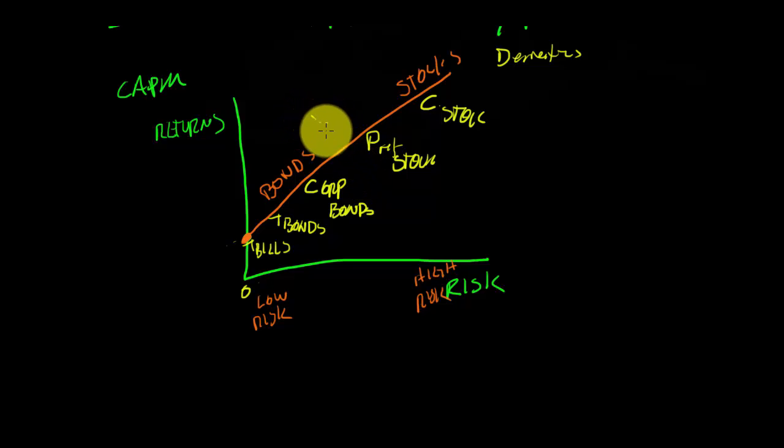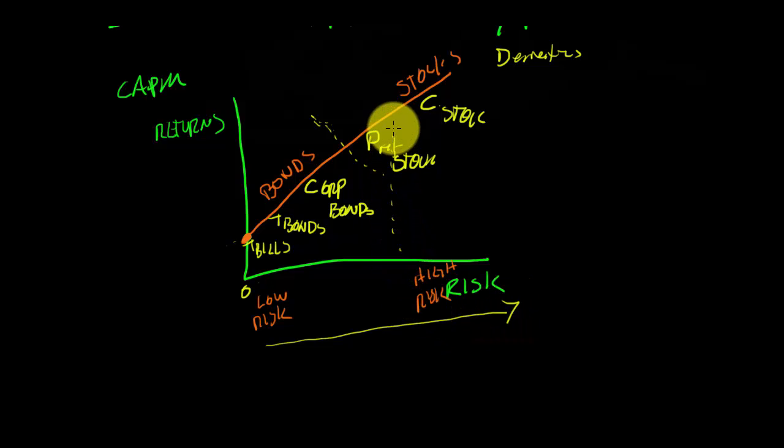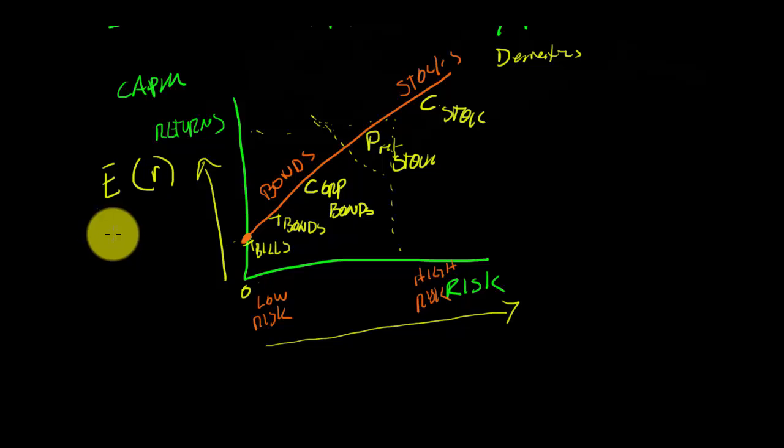Okay. Clearly there's a division here between bonds and stocks, the two asset class types. And the further we go to the right, as we increase our risk, you can see that there's a positive relationship, which also says that we should get higher returns. We can describe this as expected returns, or the returns that we expect to get given a higher investment risk.